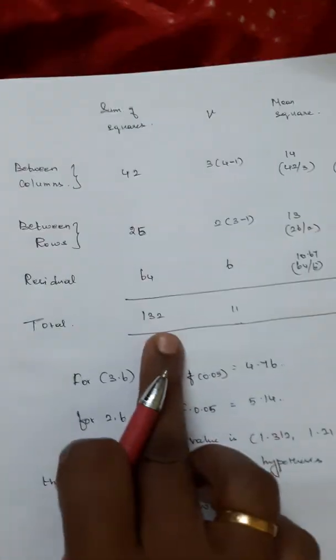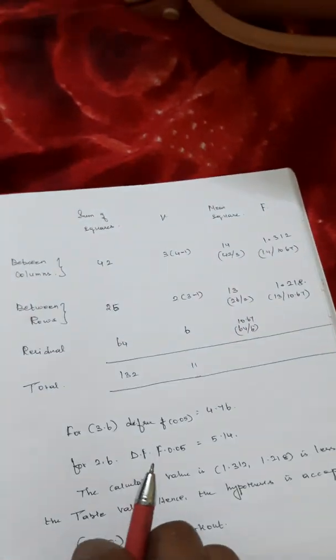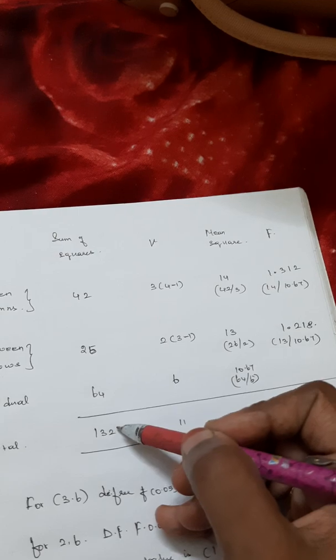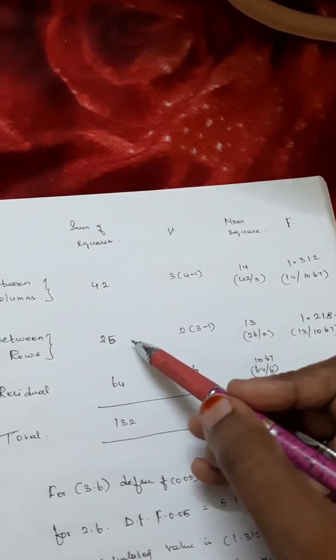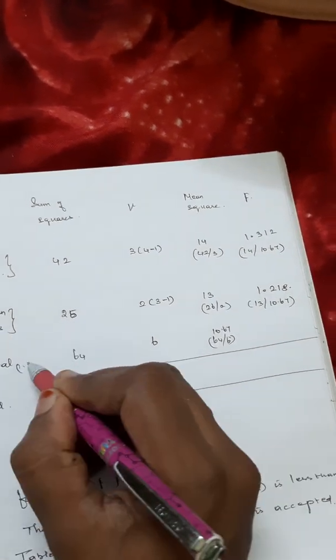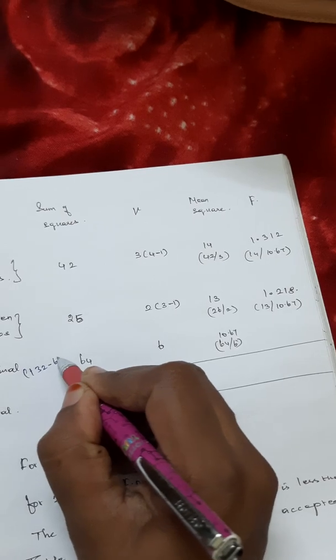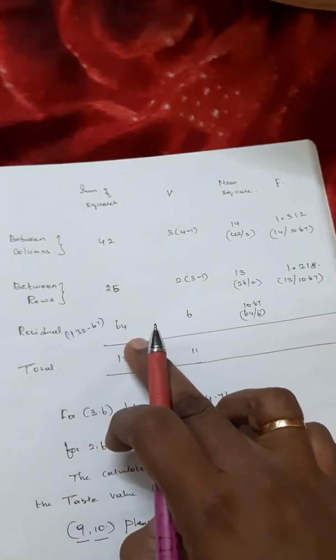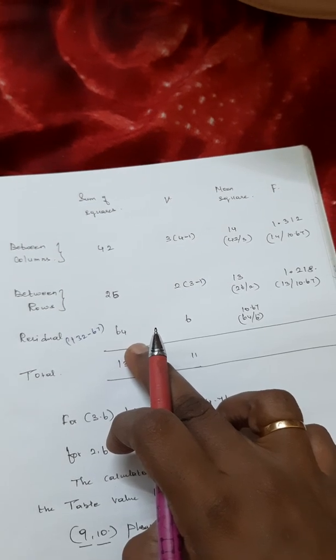Between plots we have 26. Then we calculated the total, 132. There would be a difference between these: the total should be 132, but we already have 42 and 26, which together make 68. The difference, 132 minus that, gives the residual sum of squares.